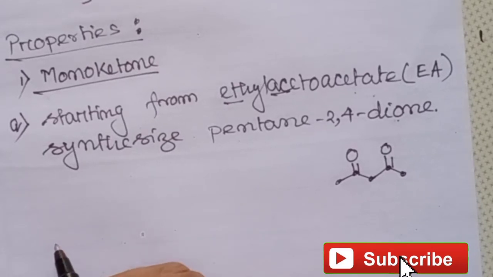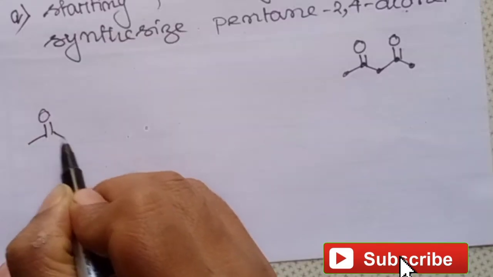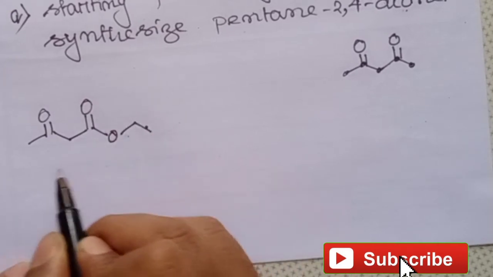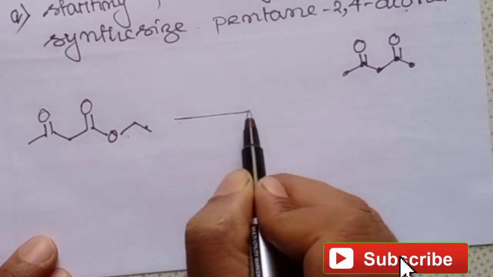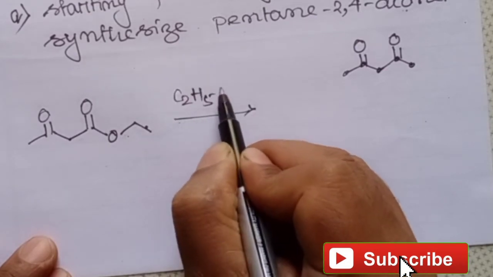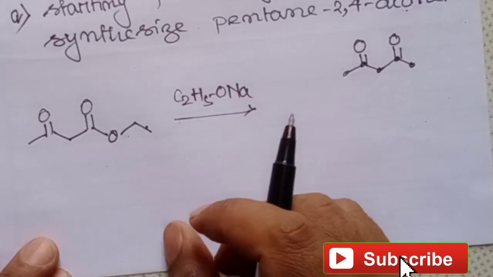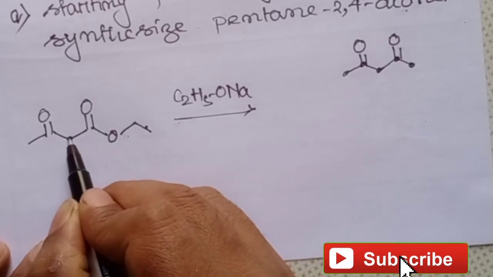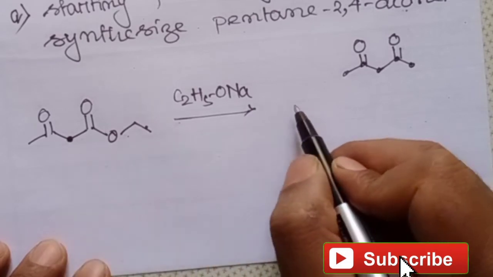First, let's write down the ethyl acetoacetate. So this one is the ethyl acetoacetate. When ethyl acetoacetate is treated with sodium alkoxide, for example sodium ethoxide, it removes the most acidic proton, that is the alpha hydrogen.